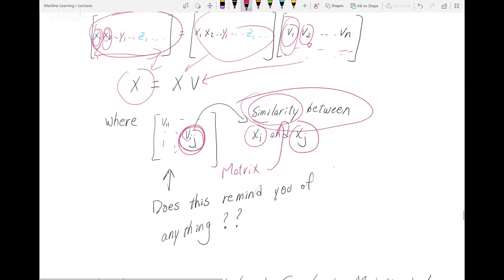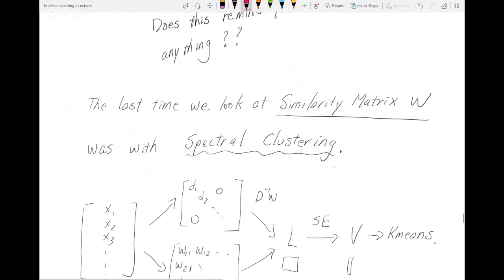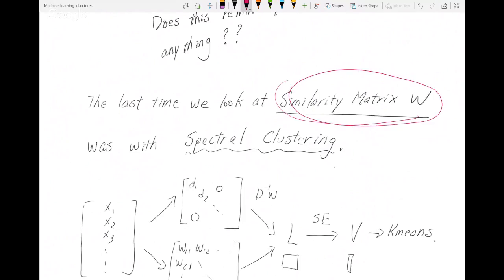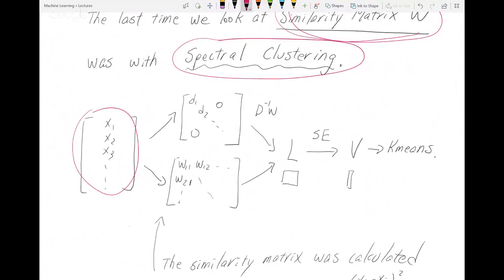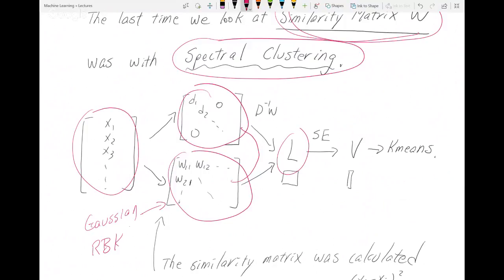Well, if you remember from last video, we were talking about the similarity matrix from spectral clustering. And here's the framework: we have some data, and then we get this similarity matrix. Of course, we used the Gaussian kernel, also known as RBF. Then we found this degree matrix, we did the L, and then we did the V.